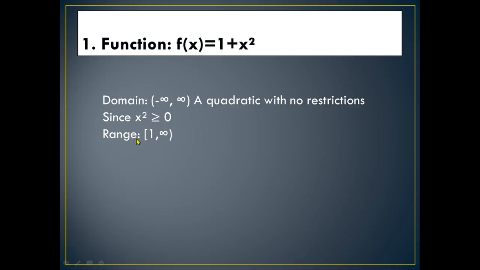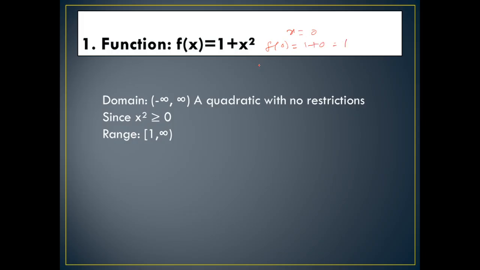While writing the range, that is the set of all possible output values, whereas the input values are from minus infinity to infinity, the output will be 1 to infinity. When x equal to 0, f of x equals 1 plus 0, that is 1.